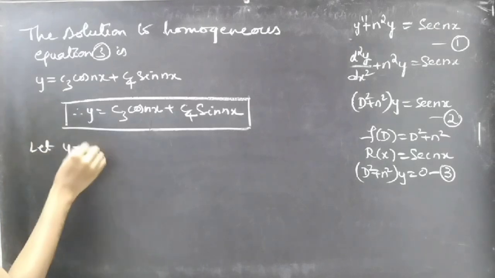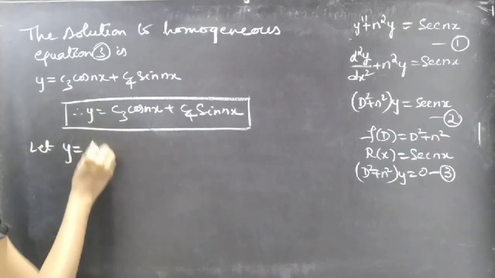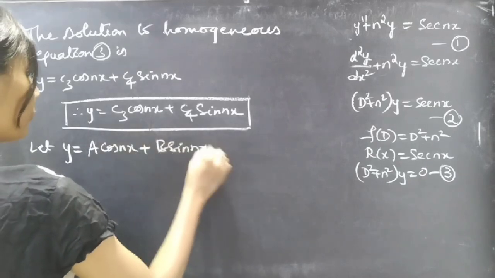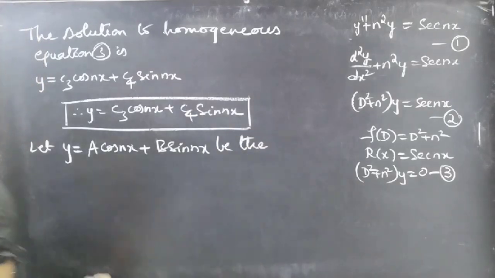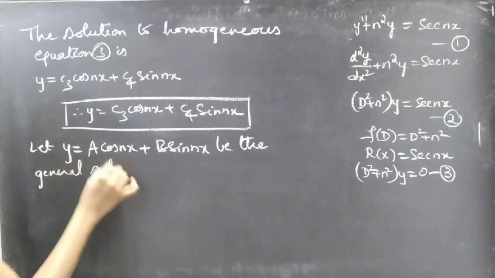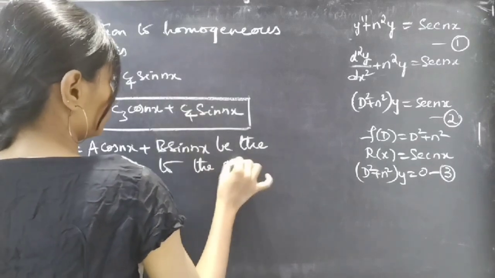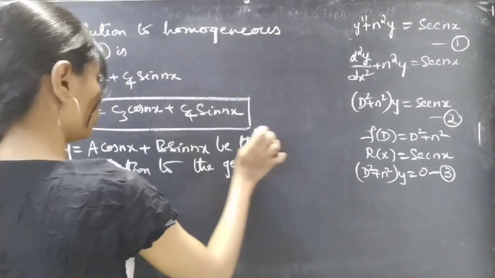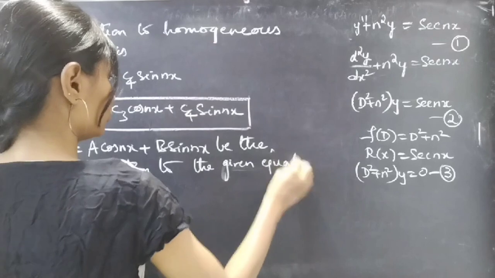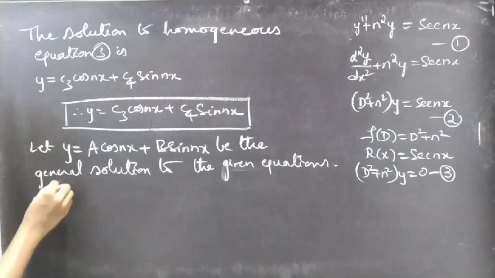Let y equal to, just replace the constants or parameters with some functions of x, A and B. We'll get y equal to A cos nx plus B sin nx, the general solution of the given equation, where A and B are functions of x.